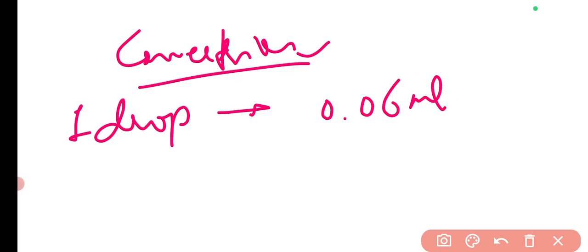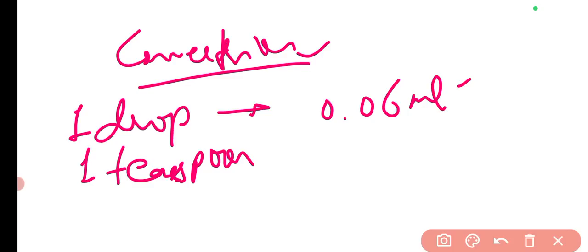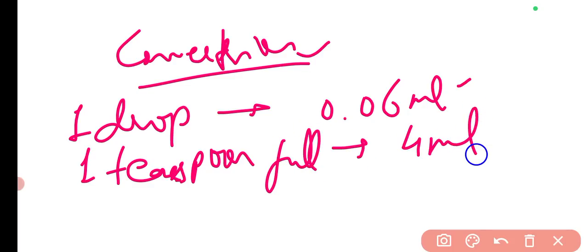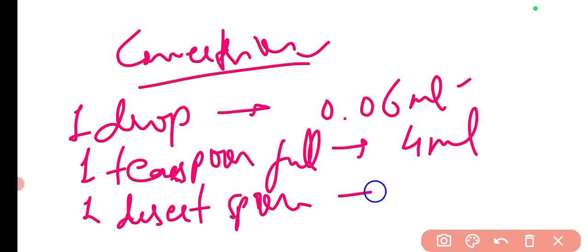Basically the values can change, like 0.06 or 0.05, based on the books. Then one teaspoonful is 4 ml. One dessert spoonful is equal to 8 ml.